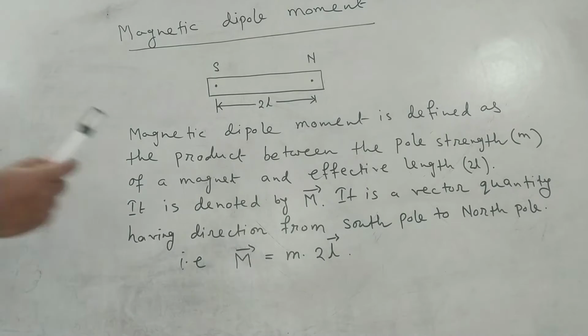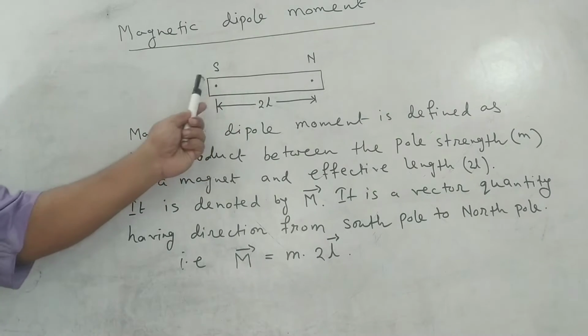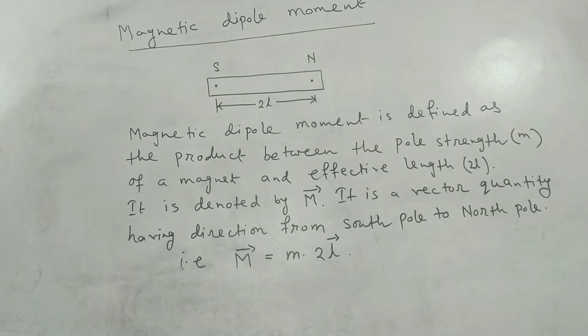Here small m denotes the pole strength of the bar magnet and 2L denotes the effective length of this bar magnet. Now the magnetic dipole moment of the bar magnet is denoted by capital M, and it is defined as the product of the pole strength of the bar magnet and the effective length of it.